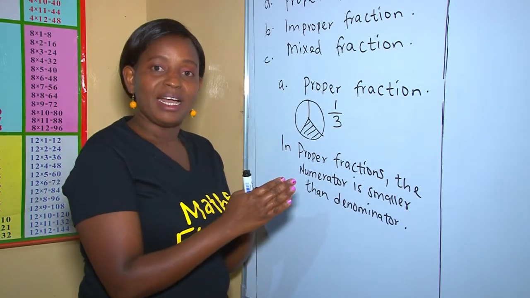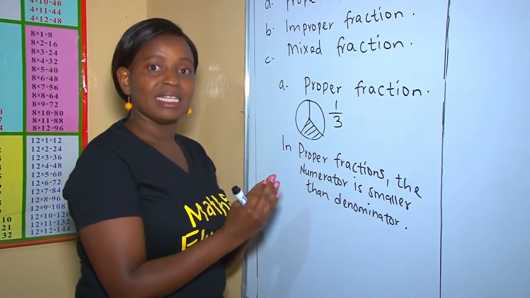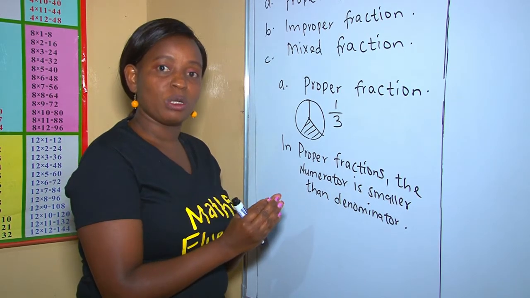That you encounter and the numerator is smaller than the denominator, that fraction is called proper fraction.